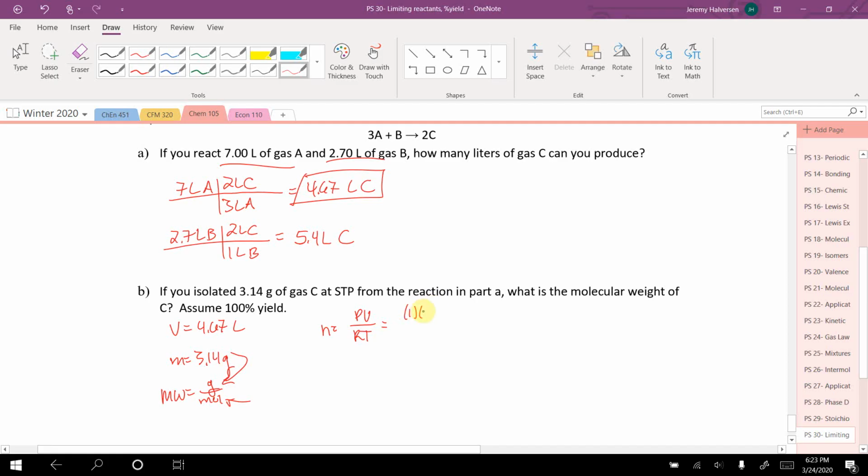Not standard volume. The volume I get is 4.67 from part A. R is 0.08206. And T, standard temperature, is 273.